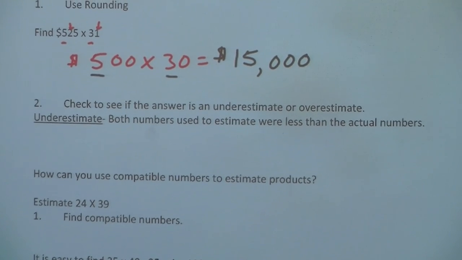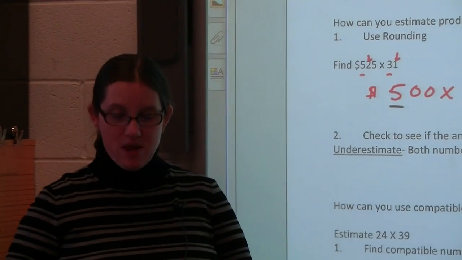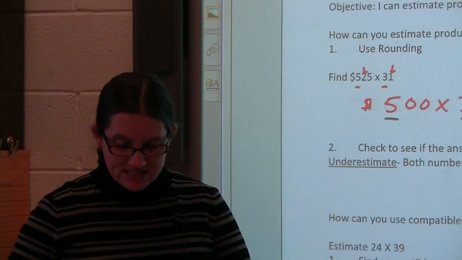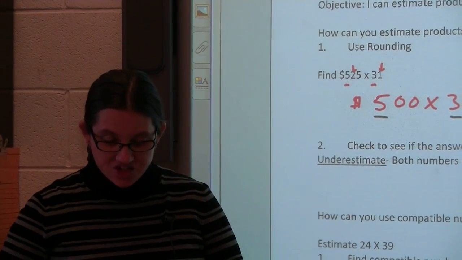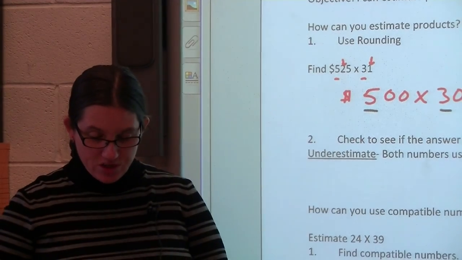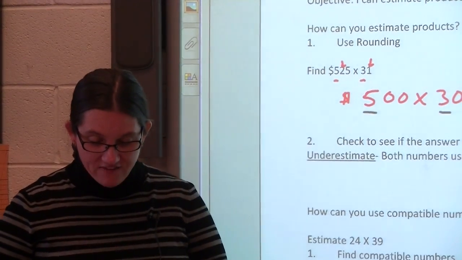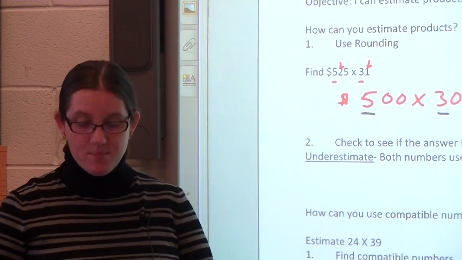Okay. Our next one here, we're going to go to page 68. It says another example. How can you use compatible numbers to estimate products? And they give the problem. It says estimate 24 times 39. It says you can also use compatible numbers to estimate products. So it's easy to find 25 times 40 since 25 and 40 are compatible numbers.